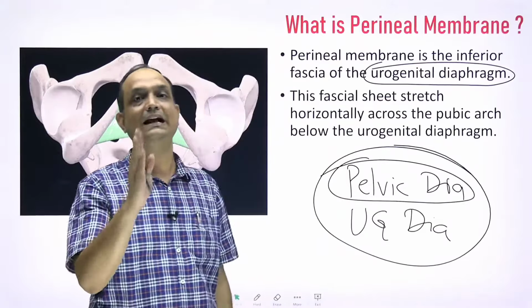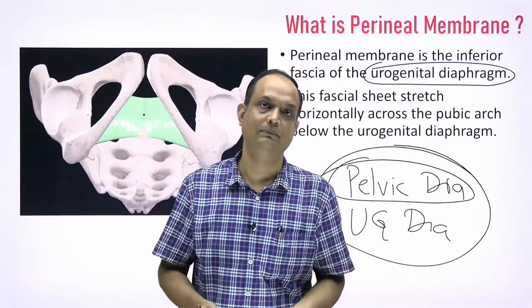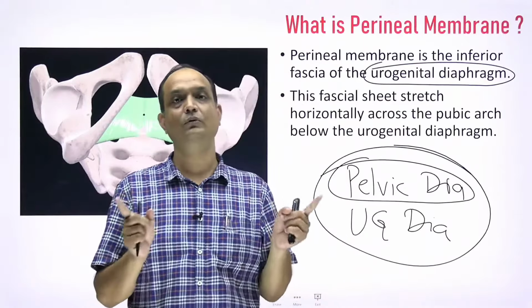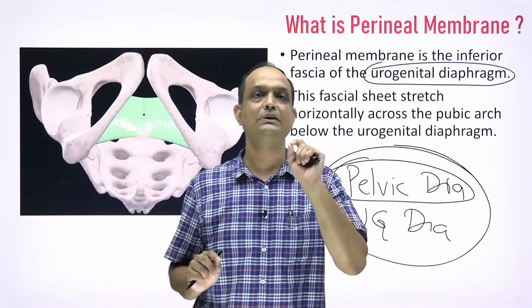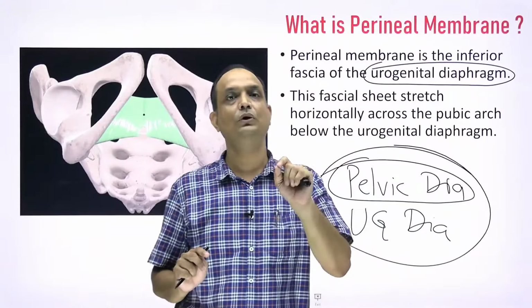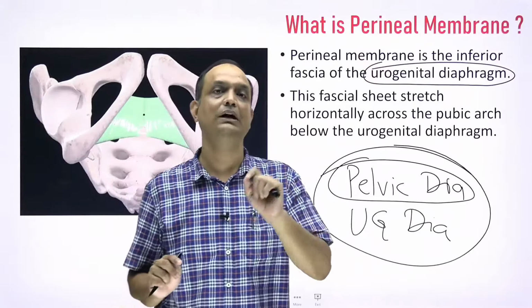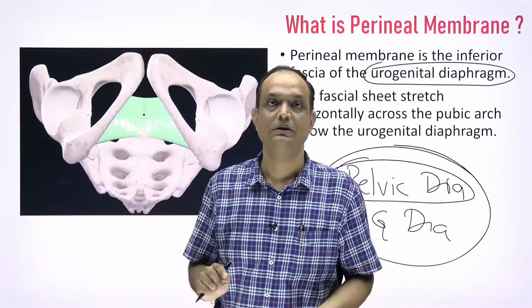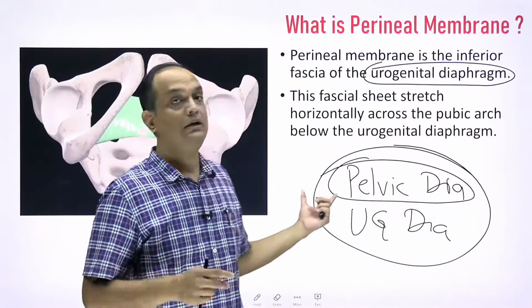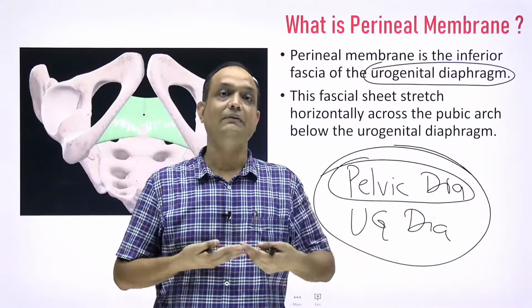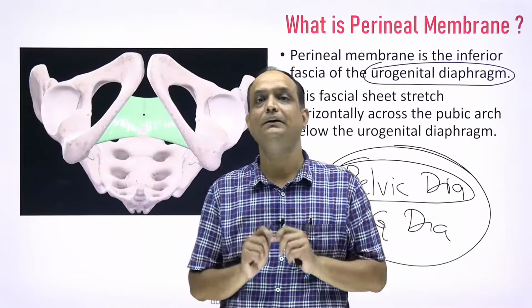Now, the second concept is, what is a diaphragm? If somebody asks you what you mean by diaphragm, diaphragms are musculofibrous or musculotendinous partitions. For example, the thoracoabdominal diaphragm has muscles and the central part is aponeurotic.